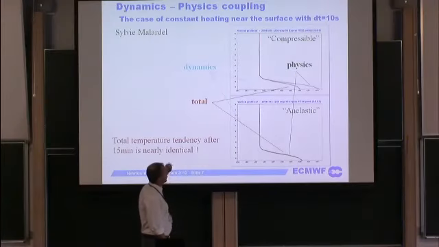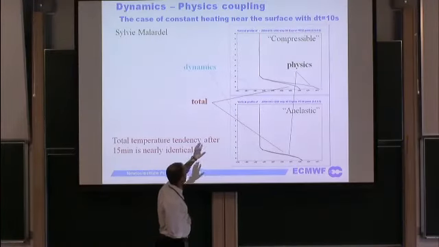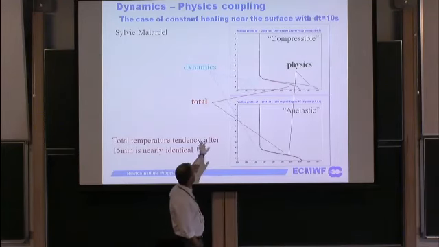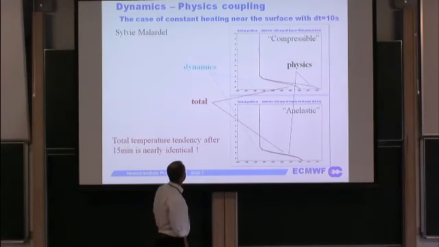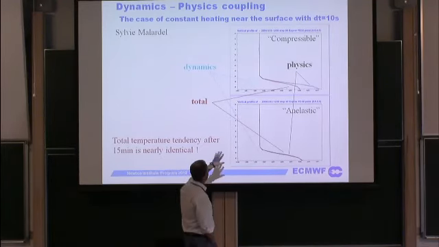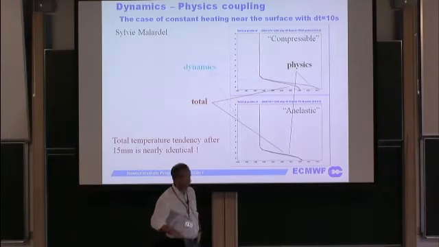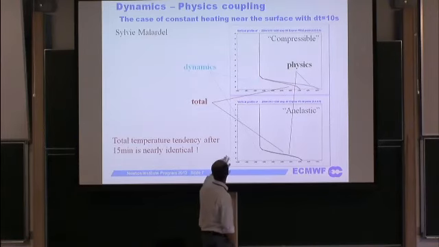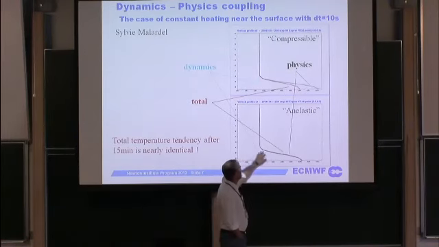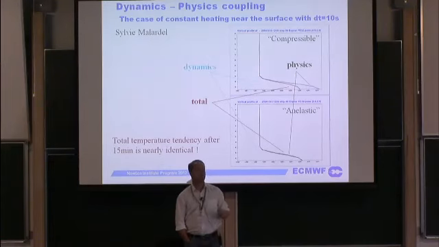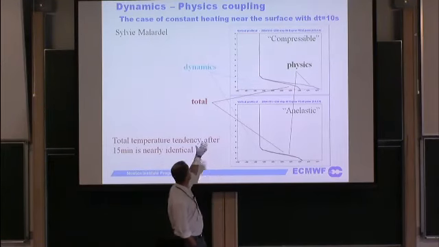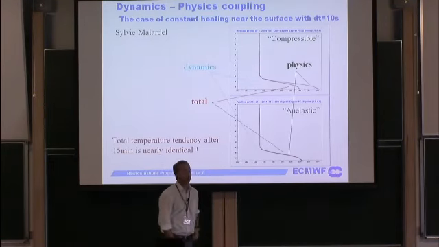So if you do this compressible coupling, then you see a little bit of a difference between the physics and dynamics. Whereas when you do this unelastic type of coupling, which I come to in a minute, you get this residual instantly, whereas the other one arises over about 15 minutes.